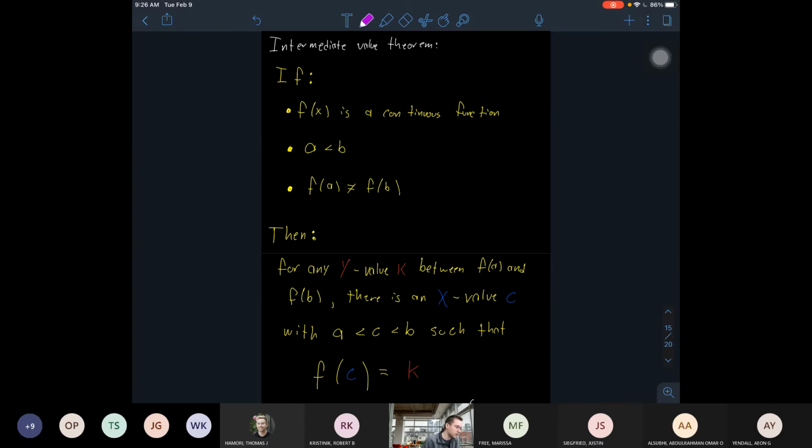Let's first talk about the setup for the intermediate value theorem. We have f of x, some continuous function, meaning I can draw it without picking up my pencil. I have some number a which is less than the number b. These are x values.